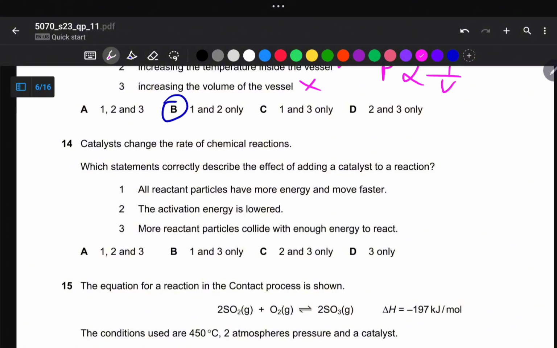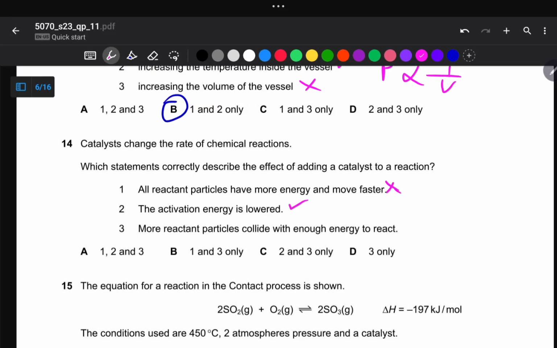So for the sake of exam and passing, we will say that a catalyst lowers activation energy, which is statement number 2. So we will mark statement number 2 as correct. This one is false, and then statement number 2 correct.